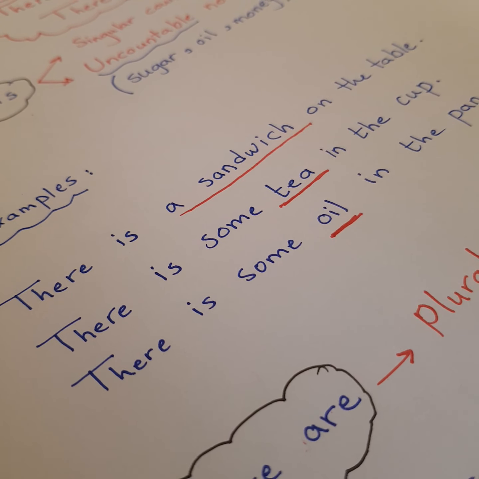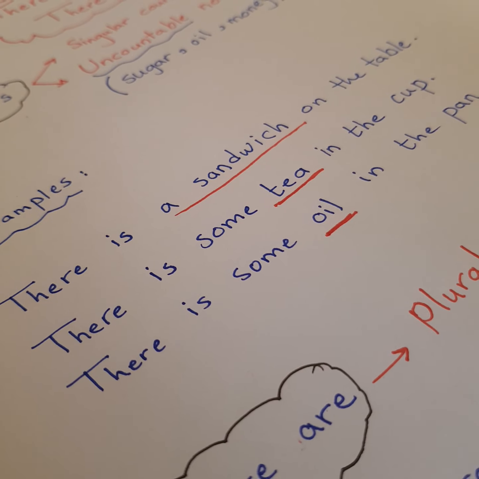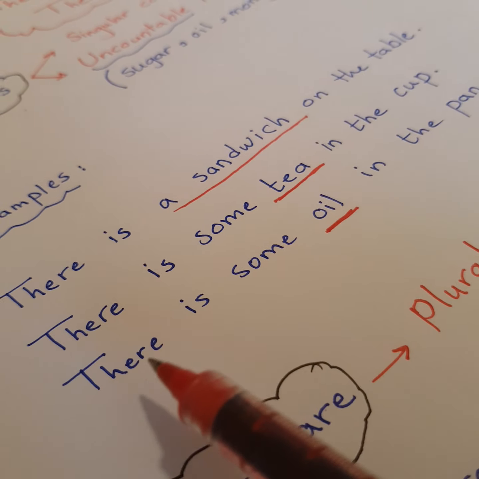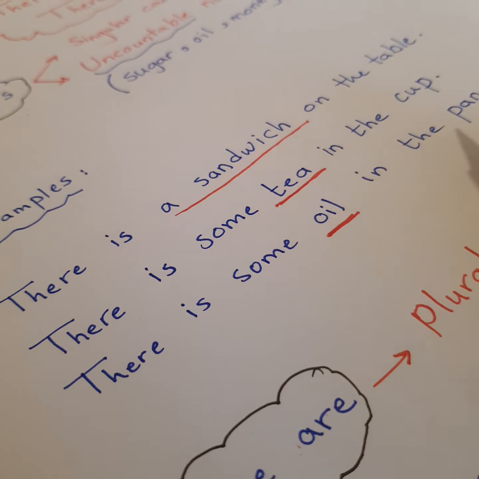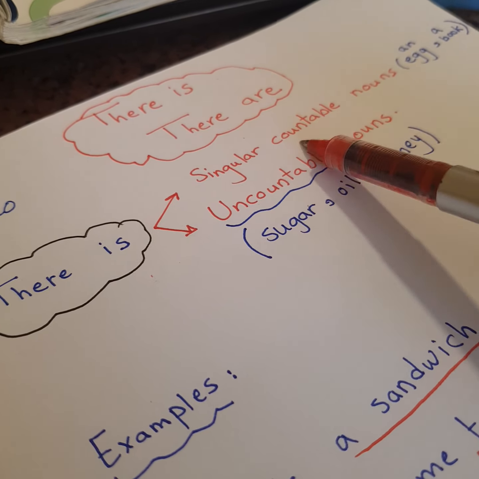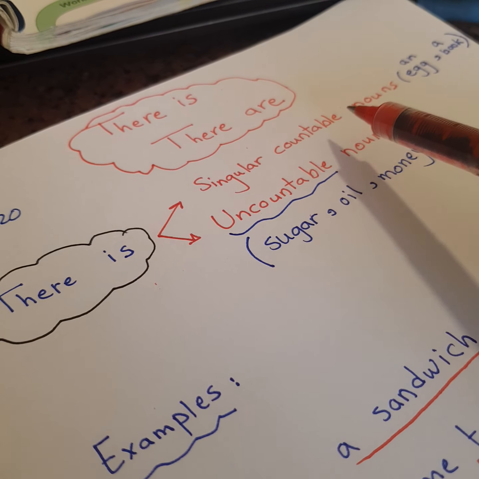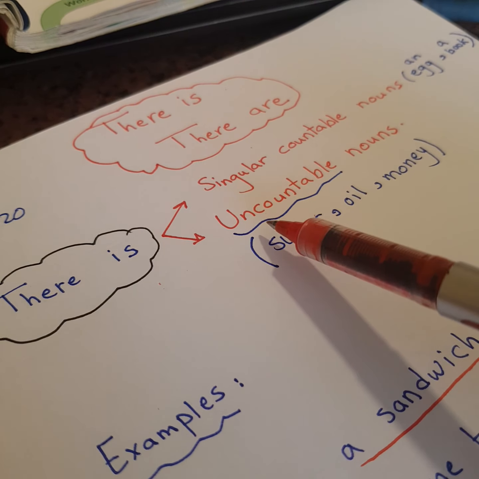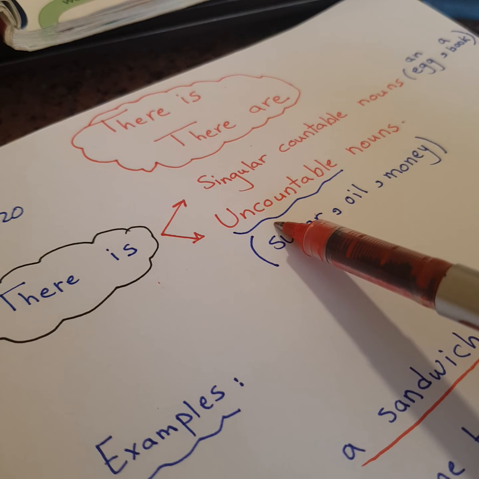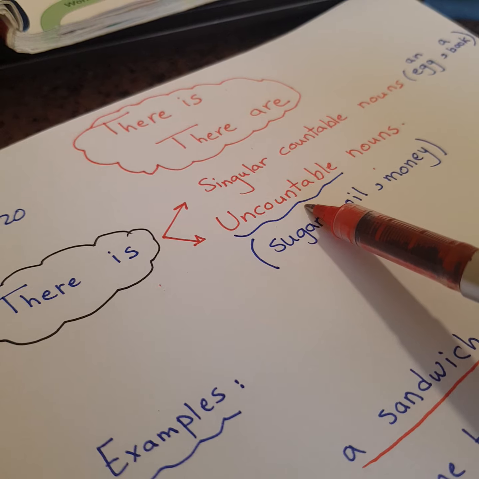Can we count oil? نقدر نعد الزيت؟ No, we can't. لا ما بنقدر. فاستخدمنا there is some oil in the pan. فزي ما حكينا there is we use it for singular countable nouns. بنستخدمها للاسم المفرد المعدود. وبنستخدمها we use it also for uncountable nouns للأسماء الغير معدودة.